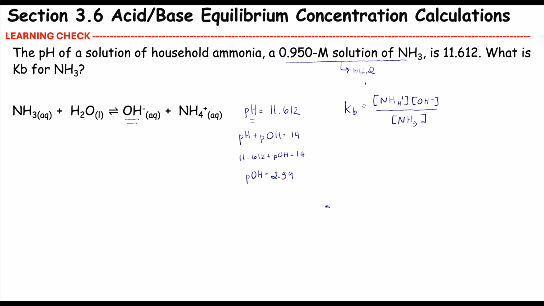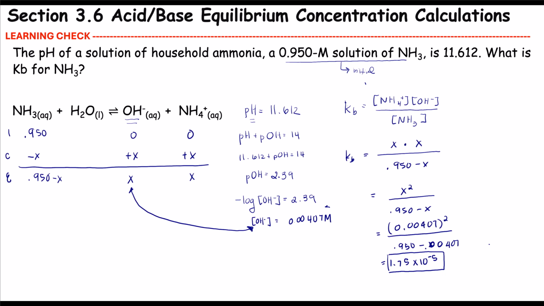So let me rewrite this. pOH is also known as negative log of the OH minus concentration, and that is 2.39. So you're going to take an antilog of this. All right, so I'm going to leave you here and see if you can solve the rest of the problem and come back and check this video for the key. And here is the key.